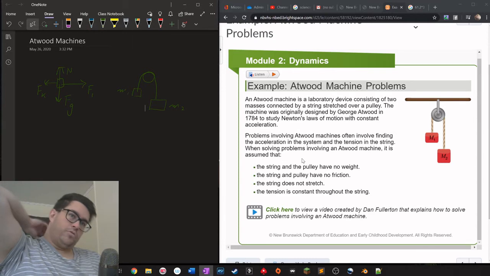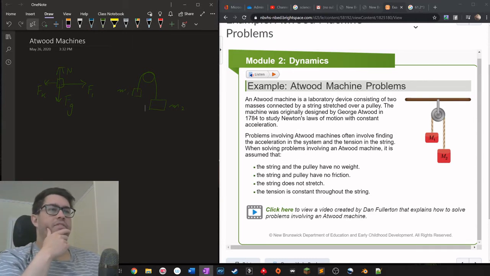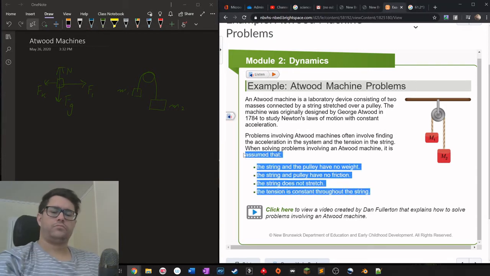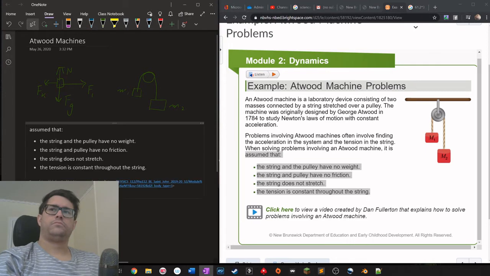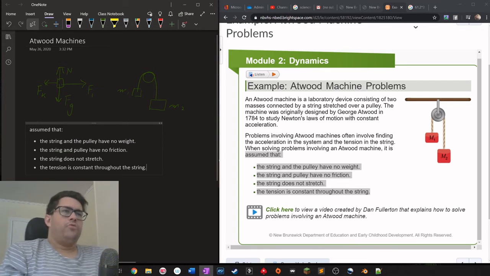Problems involving Atwood machines often involve finding the acceleration in the system and the tension in the string, right? When solving problems, assume that the string and pulley have no weight.